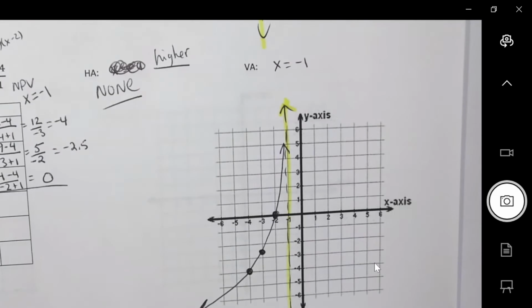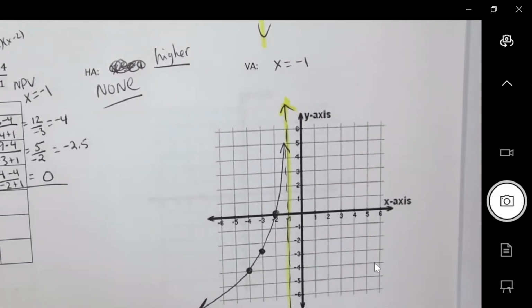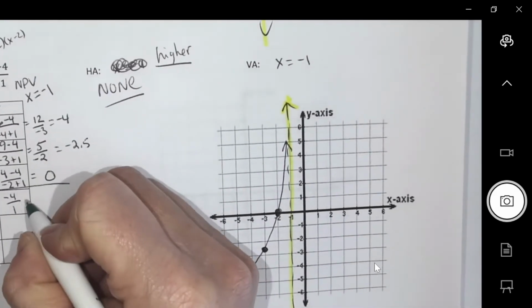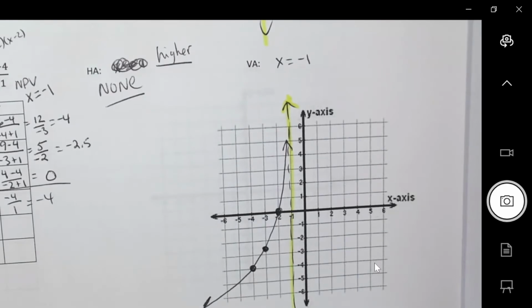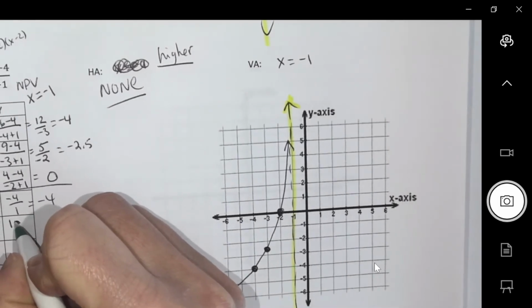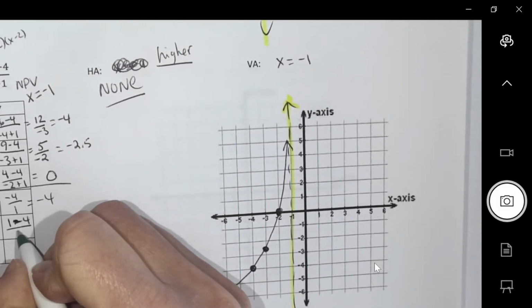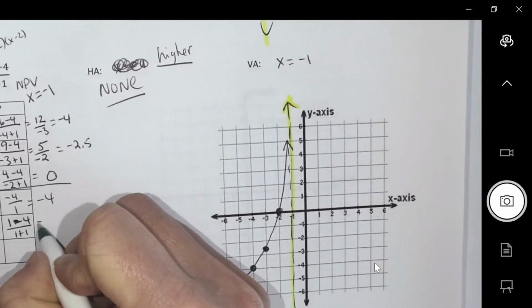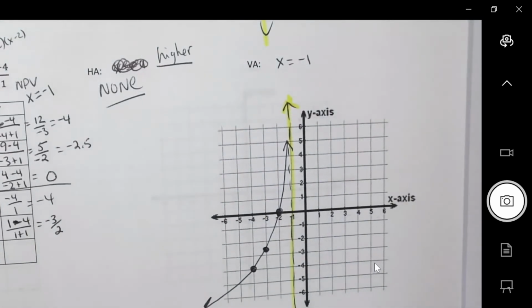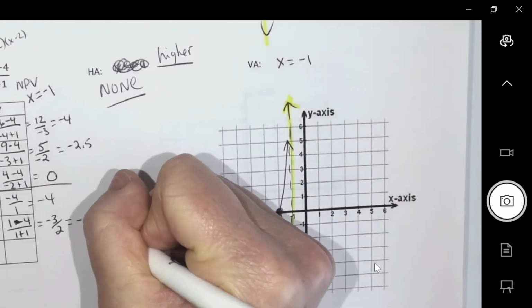Now let's pick out some points on the other side. I'm plugging them in. Ready? 0 squared minus 4 is -4 over 1. Now plugging in a 1 equals -3 over 2, aka -1.5.